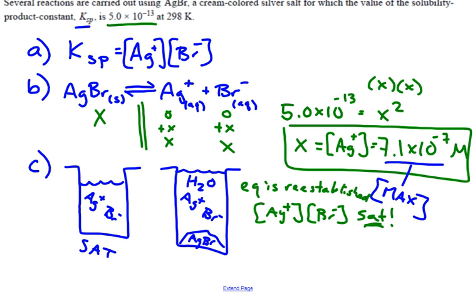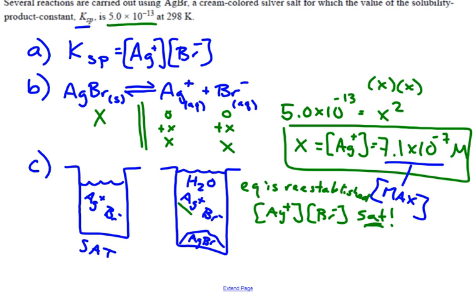If I ever am confused, I like to actually try to physically see what's happening here. If this is saturated, the most important thing that they said is that some solid AgBr remains in the bottom. What that means then is that I threw it in there, I stirred, and what? The maximum amount dissolved again, right? So it's saturated. If it said nothing lies in the bottom, then you don't know if it's saturated or not. So that's an important little comment there.